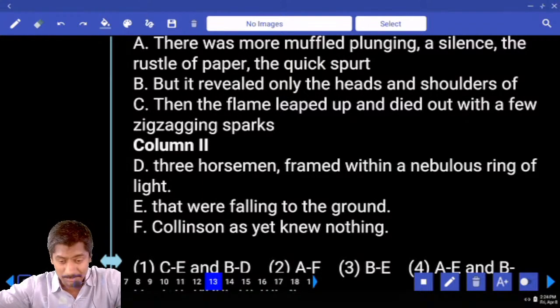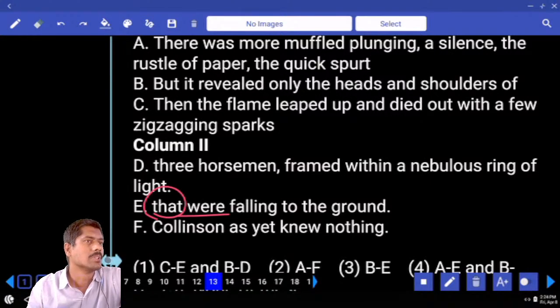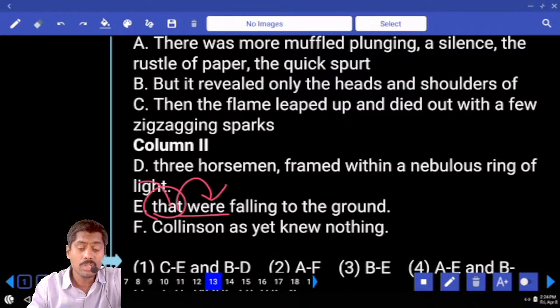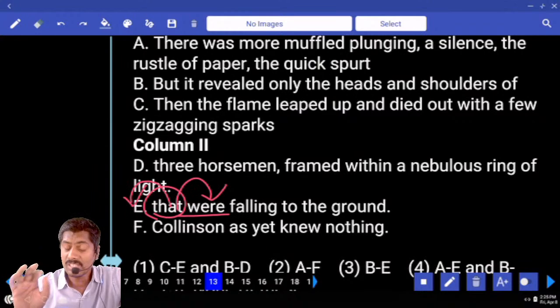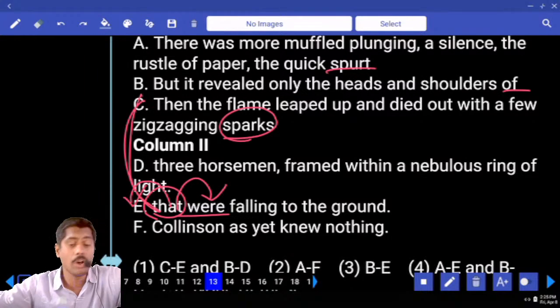Quick spurt. 3 horsemen framed with a nebulous ring, no? That were falling. Look at this, that were. Before that, after that were is there. Before that, what do I need? I need plural now. Now, which is ending with plural? Check in spurt singular, no. Sparks, yes. Let me check, can I pair CE or not?